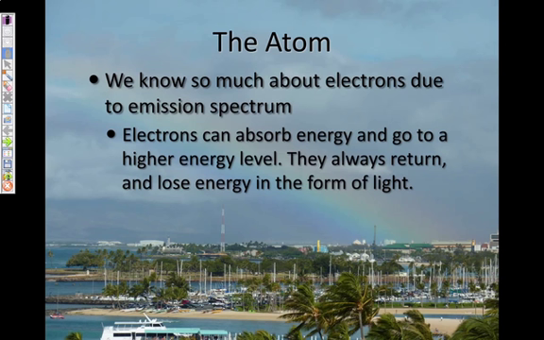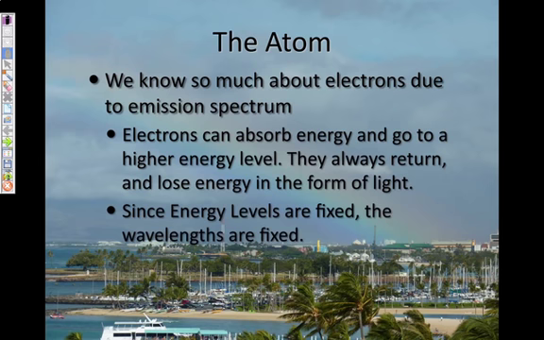And when they do that, they lose energy in the form of light, or a photon, a packet of light energy. Energy levels around the nucleus are all fixed, so the wavelengths that these electrons can release those photons in are fixed as well.